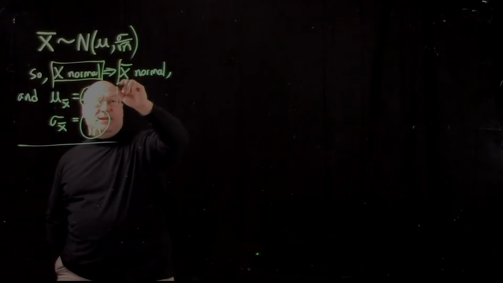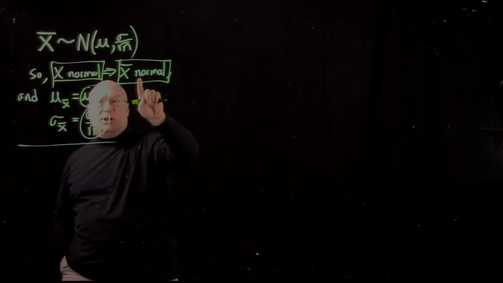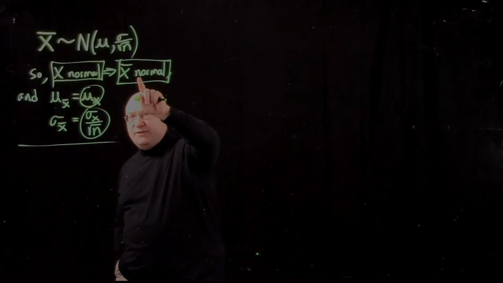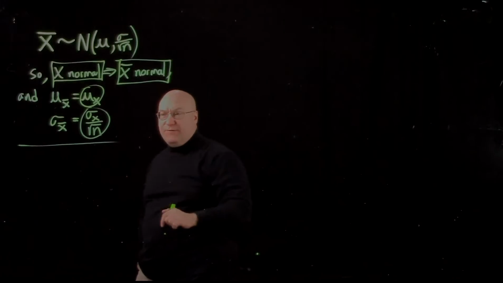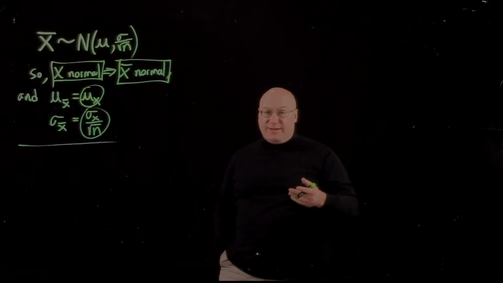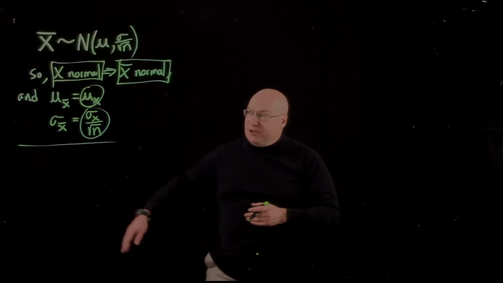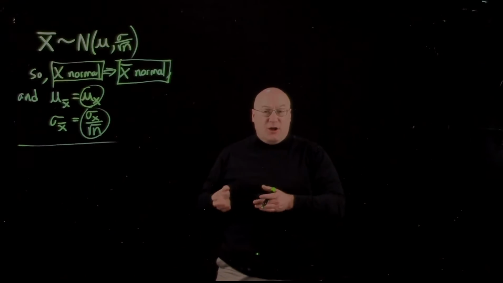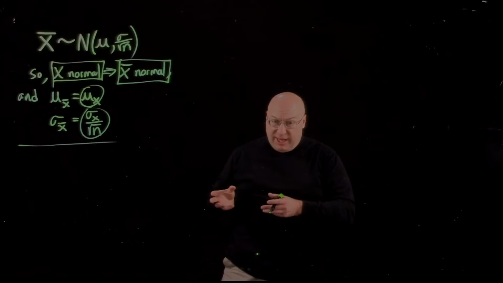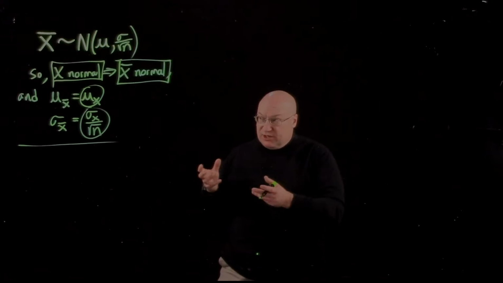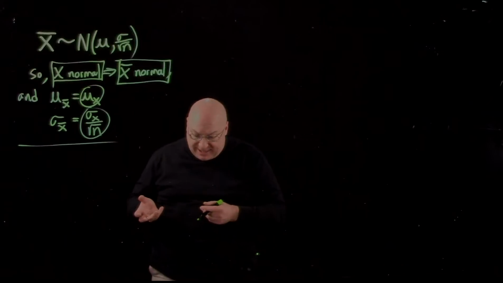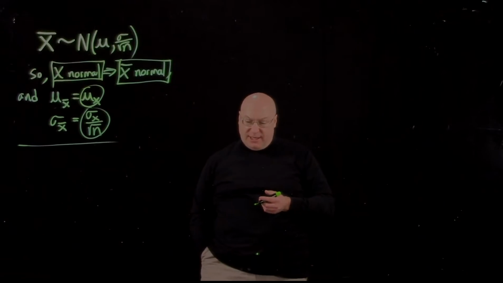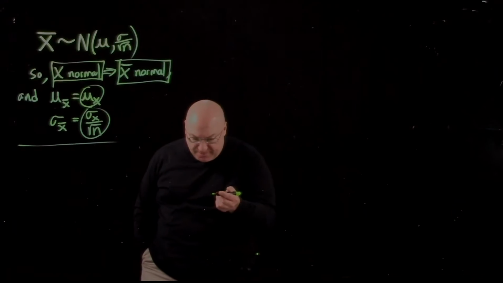We can get that x bar is normal and that the mean is the original mean and the new standard deviation for x bar is the old one divided by the square root of n. We get that automatically, even if the original data set is not normally distributed, as long as we are considering samples of a big enough size. And that is really an amazing fact.